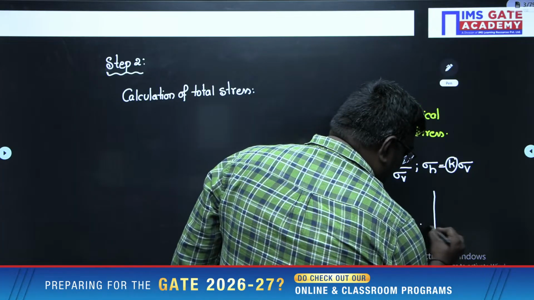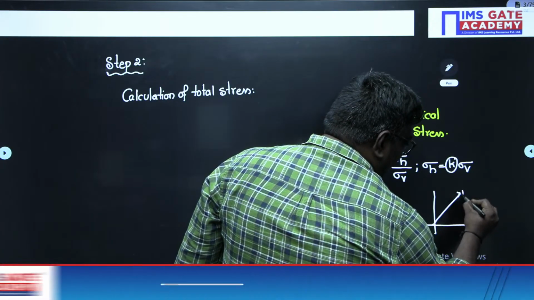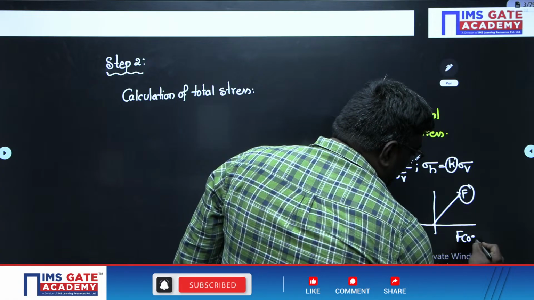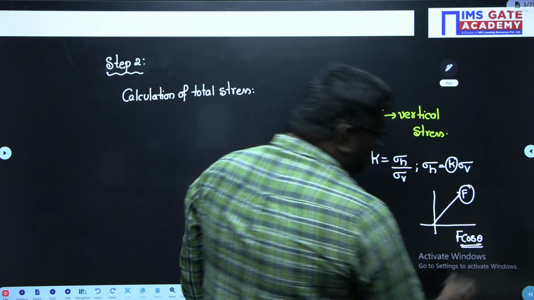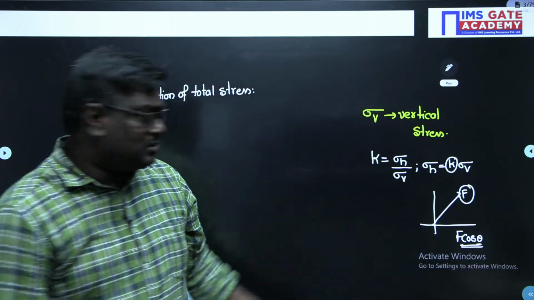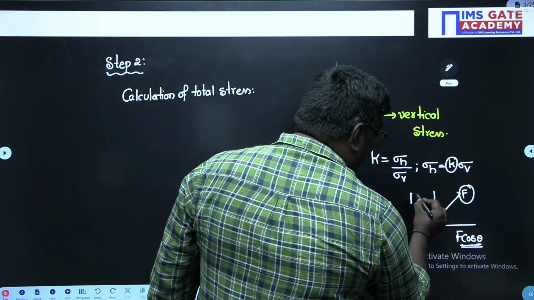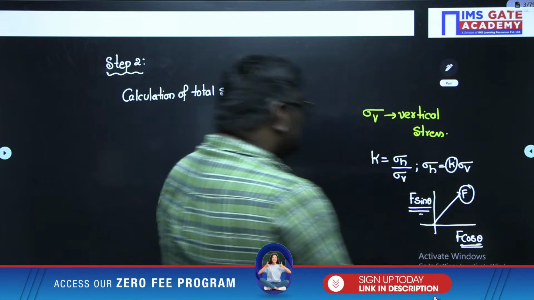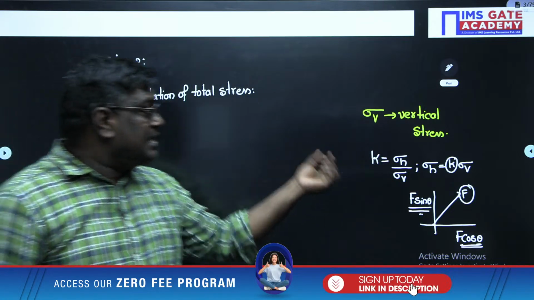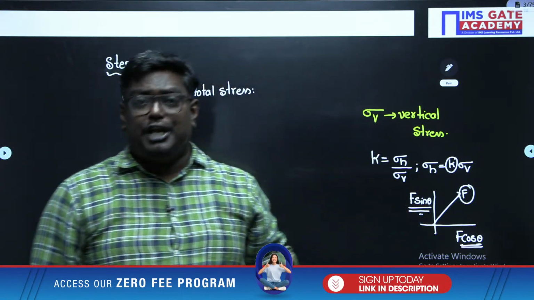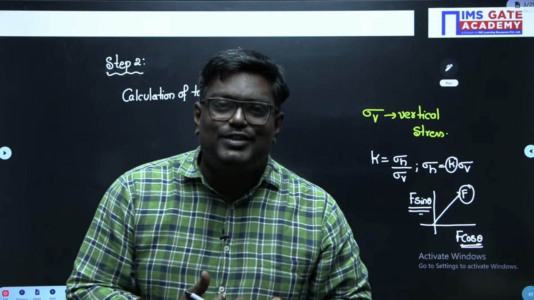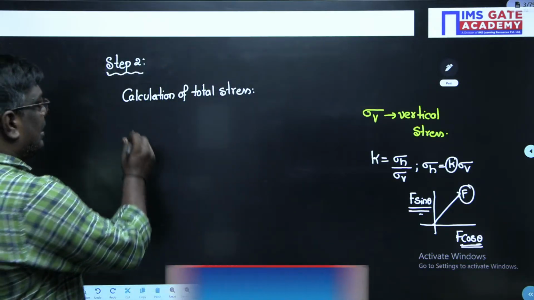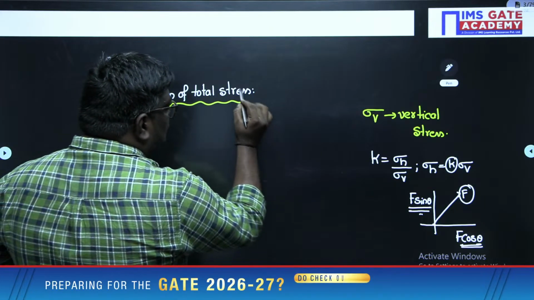Suppose this is the resultant F: you multiply with cos theta to make the resultant horizontal, and with sin theta to make it vertical. Similarly, here we multiply with a coefficient K to convert the vertical stress to a horizontal stress.